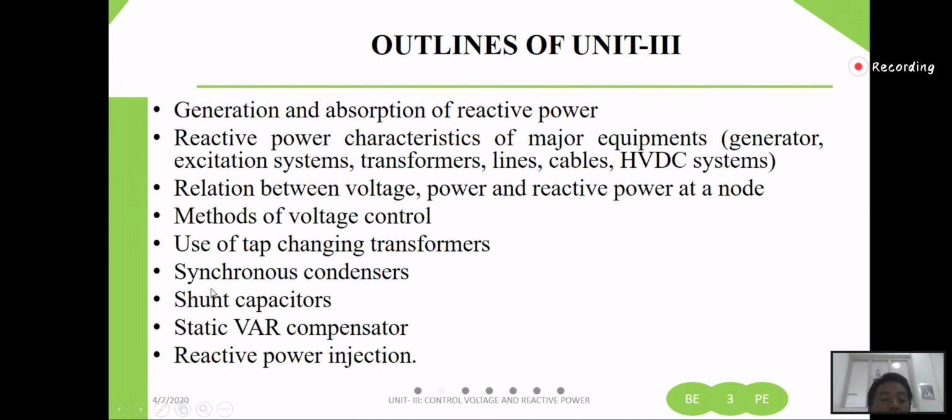But we learn how shunt capacitors can be used to control voltage and reactive power. Then the static VAR compensator. And then reactive power injection, meaning how we can inject reactive power using all these devices. These are the unit outlines of unit 3.